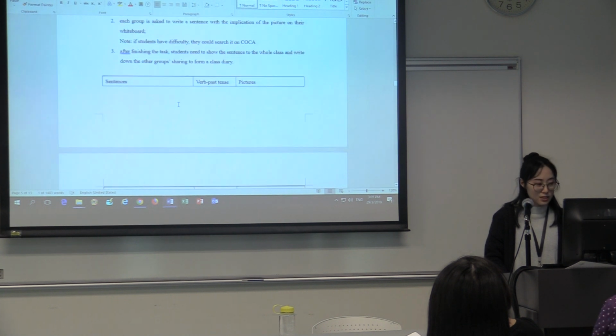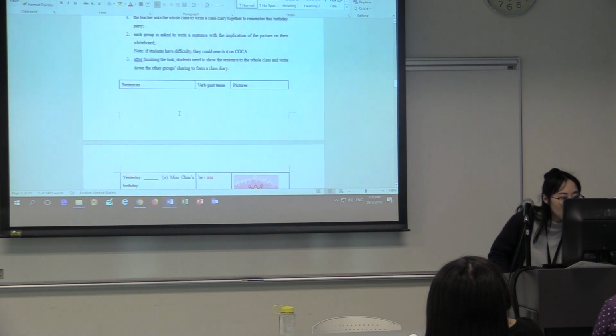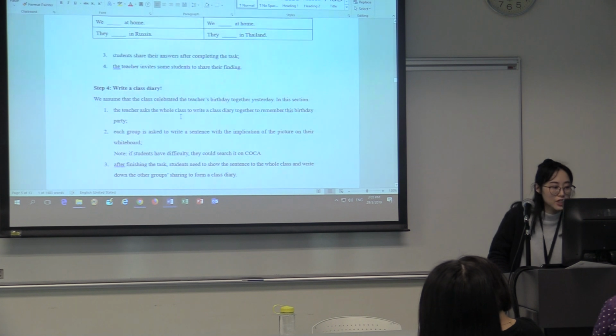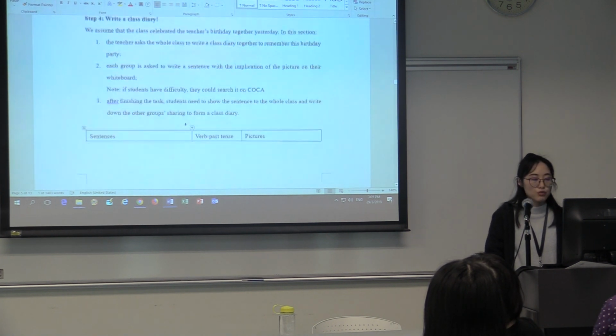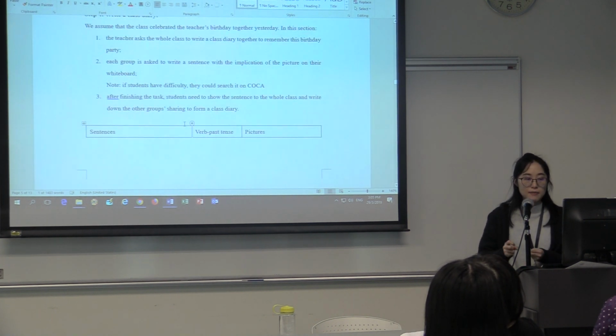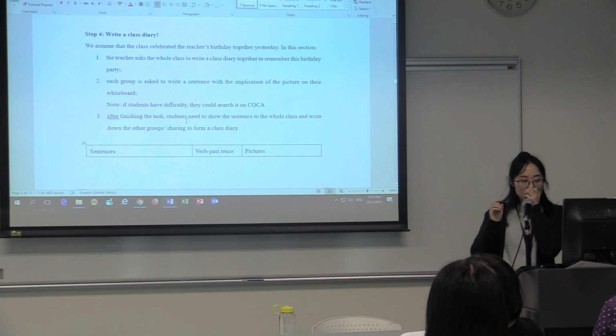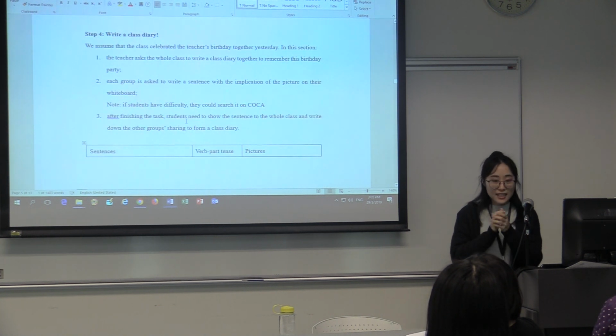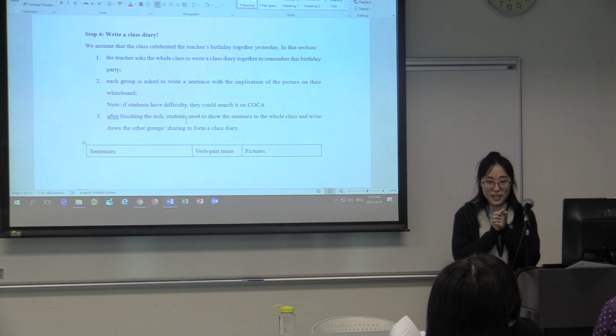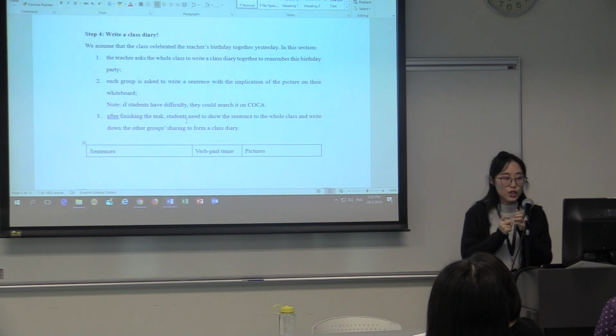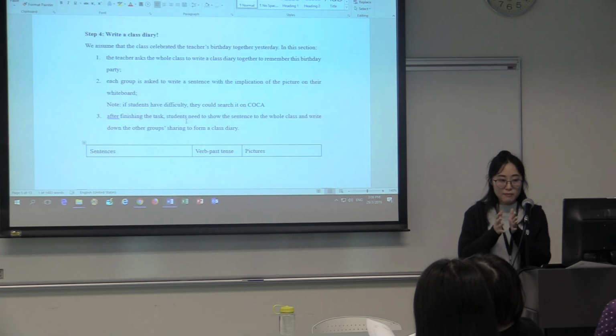The teacher asks the whole class to write a diary together to remember the day. We assume that the class celebrated the teacher's birthday together yesterday. They had a birthday party for their teacher yesterday.